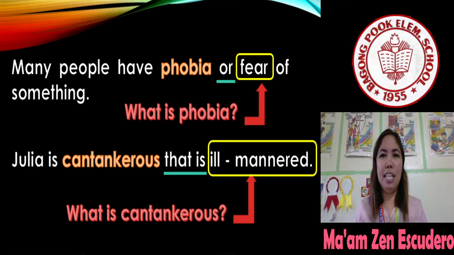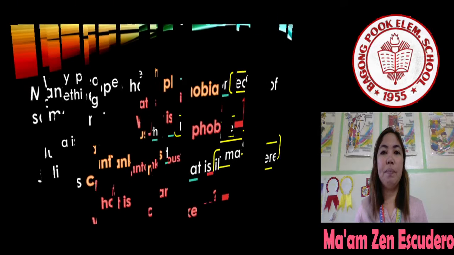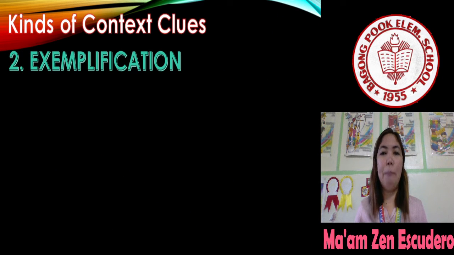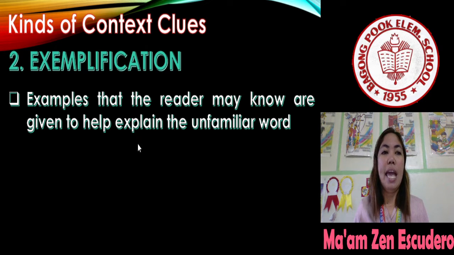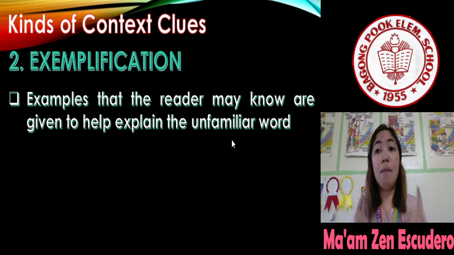Let's go to the next one, which is exemplification. What is exemplification? Examples that the reader may know are given to help explain the unfamiliar word. When we say exemplification, instead of giving the same word or a word with the same meaning as the unfamiliar word, the author gives some examples instead.